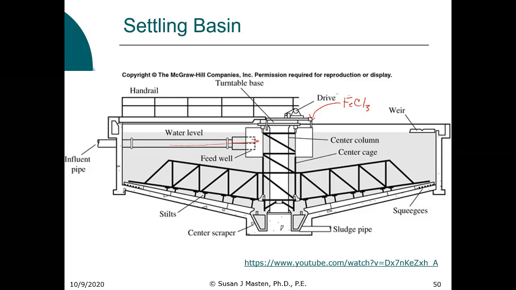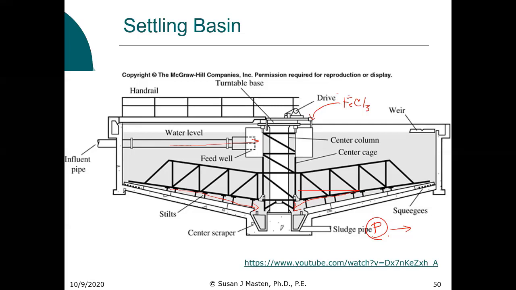So the sludge settles to the bottom, and typically you've got this sort of a scraping mechanism on the bottom that scrapes the sludge into a hopper in the center, and then there is a sludge pump here, and that pumps sludge to any secondary processing that is accomplished.